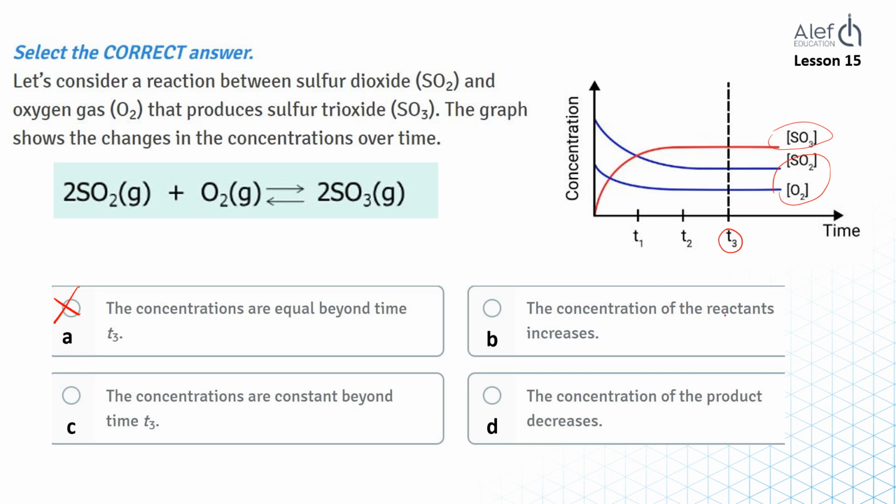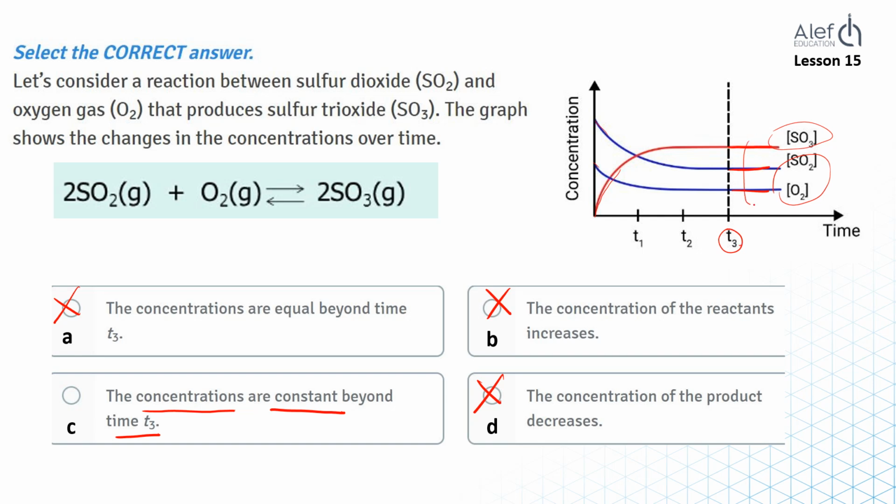The concentration of reactants increase. Reactants اللي هم بالأزرق. Are their concentration increasing or decreasing? It is decreasing. So this is wrong. The concentration of the product decreases. The product بالأحمر. It is increasing. It's not decreasing. This is wrong. The concentrations are constant beyond time 3. The concentrations become constant, like they don't change after time 3.